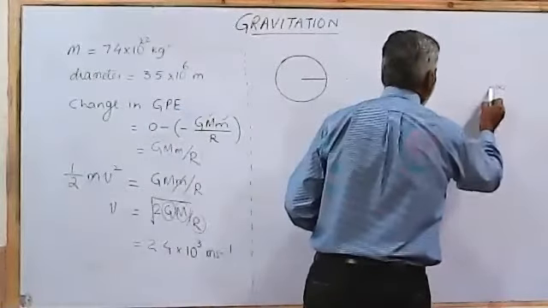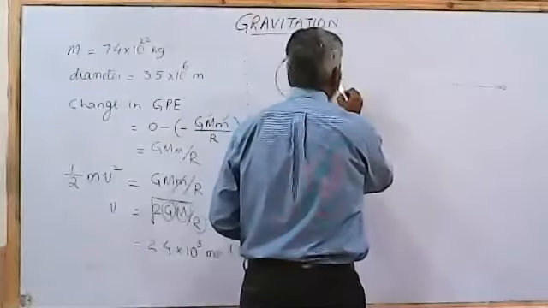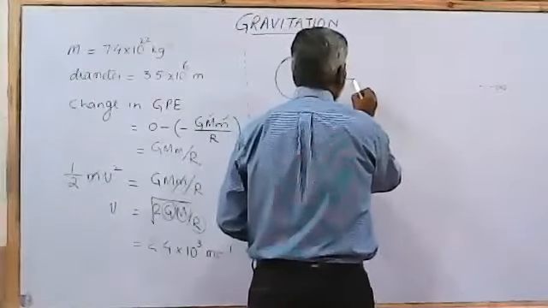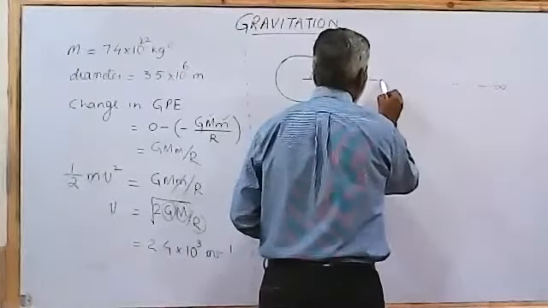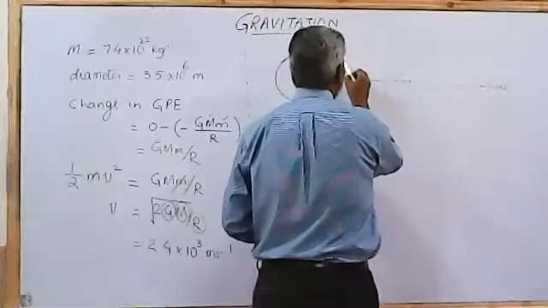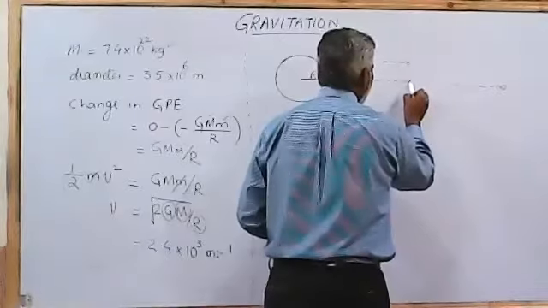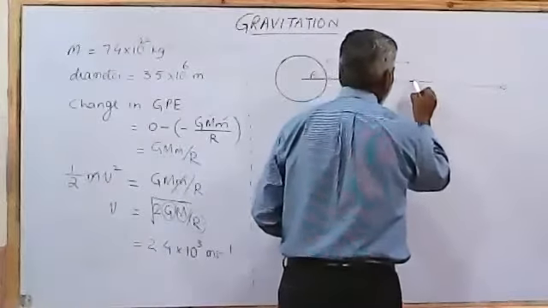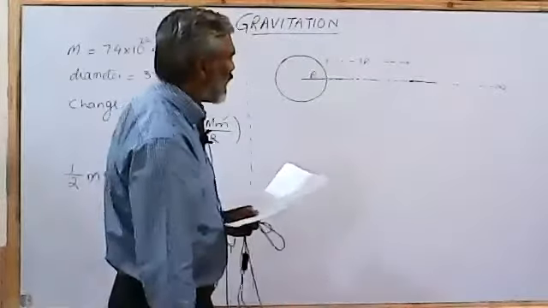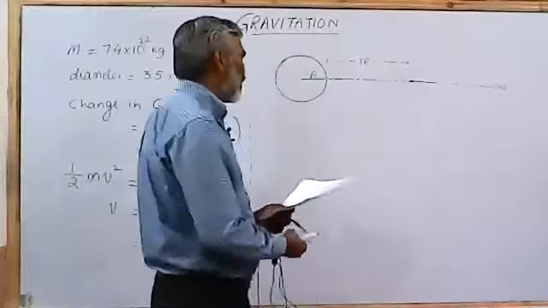It starts falling freely towards the Earth, and at certain distance, which can be expressed in terms of radius of the Earth, it is 1 R from the surface, it is 2 R from the surface, and it is 3 R from the surface. 3 times the radius from the surface. So this is the point at which we want to calculate the speed that the object has acquired before it falls further towards the Earth.